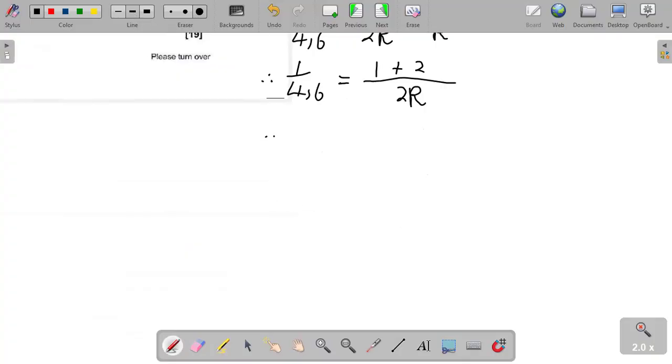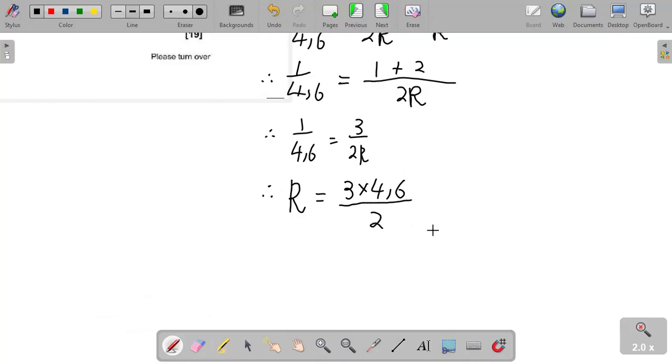Therefore 1 over 4.6 equals 3 over 2R. And if we have to find R, we make R the subject here. We cross multiply. So R is going to be equal to 3 multiplied by 4.6 divided by 2 equals.